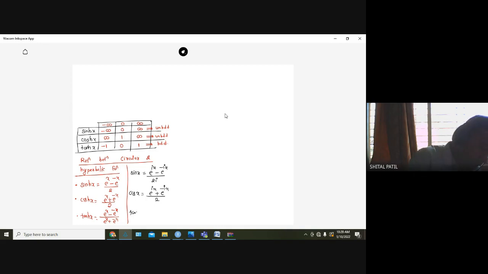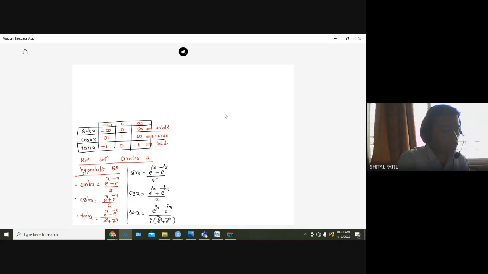Then tan x is e raised to ix minus e raised to minus ix, divided by i times e raised to ix plus e raised to minus ix. Have you understood up to this step? We already studied how to write circular and hyperbolic functions in exponential form.